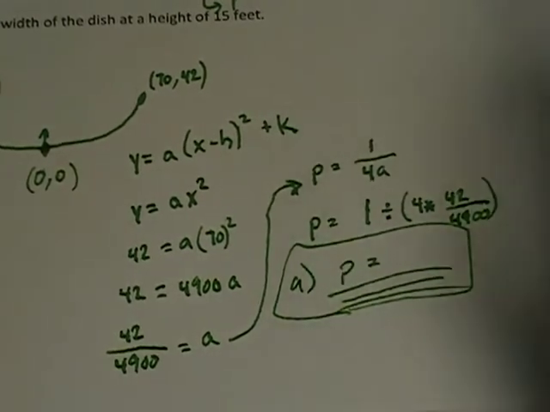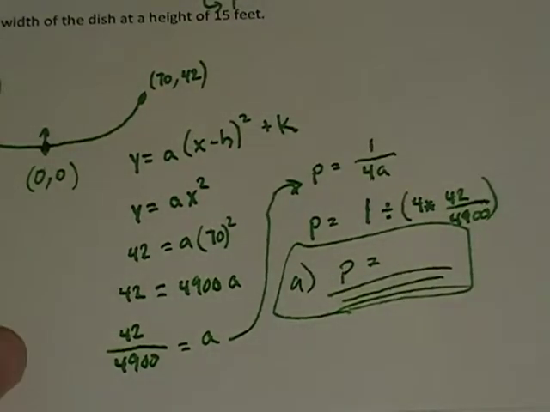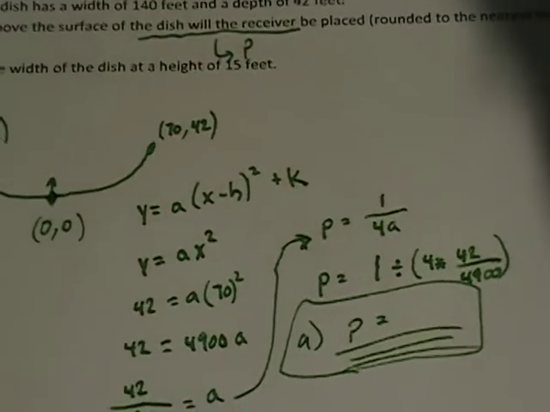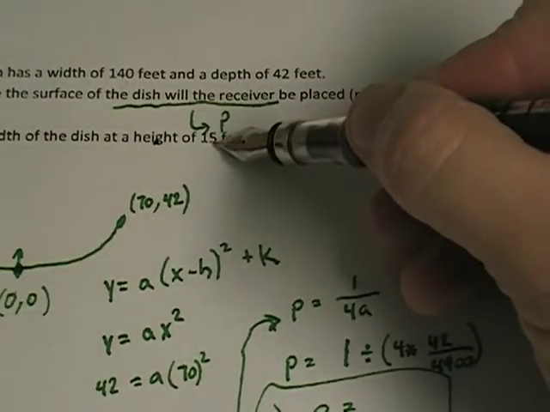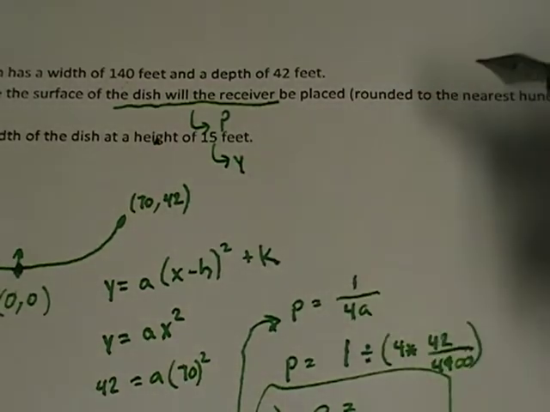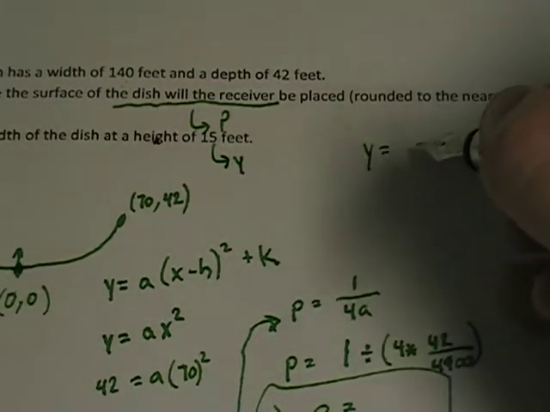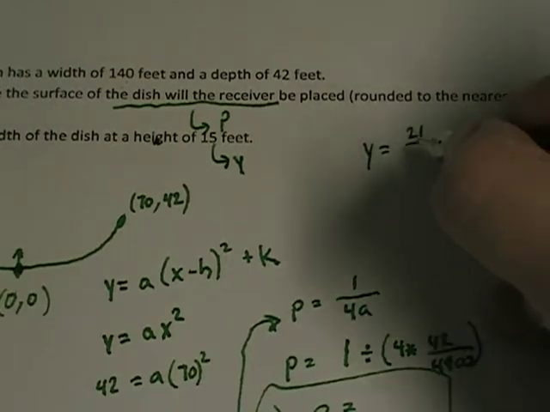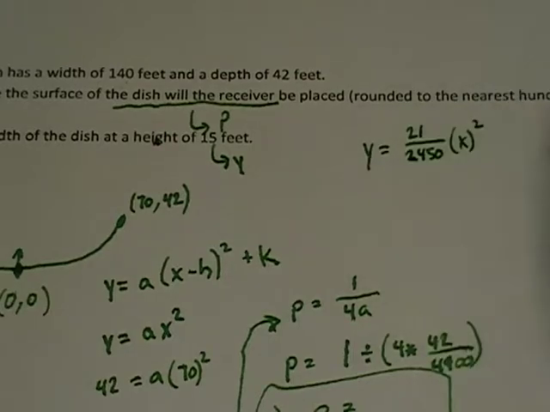Okay, doesn't matter. Part B, what's the width of the dish at a height of 15 feet? Okay, so height is going to be what? That's going to be our Y value. Okay, so our equation is Y equals 21 over 2450 x squared.